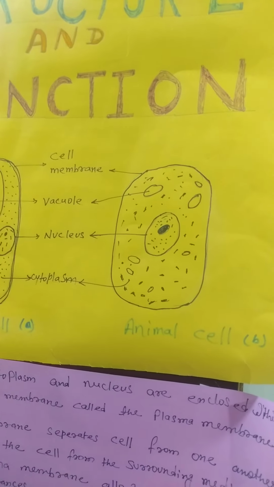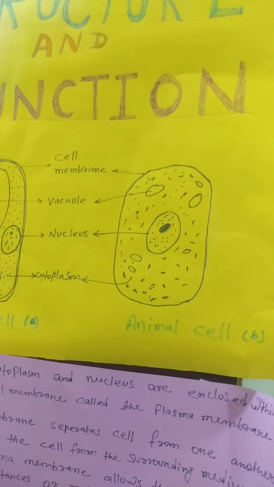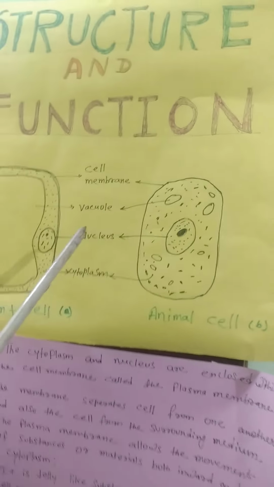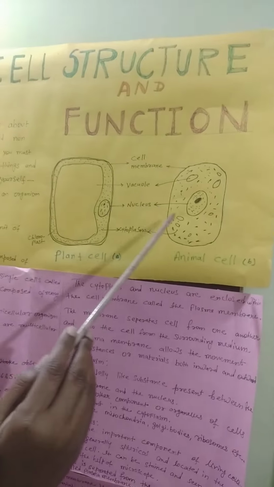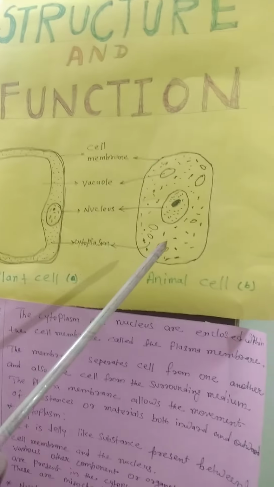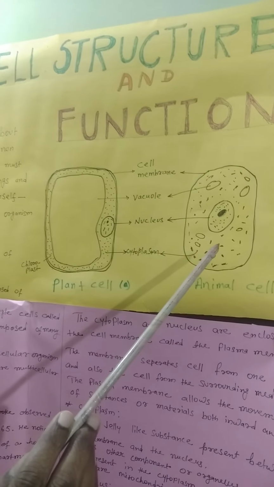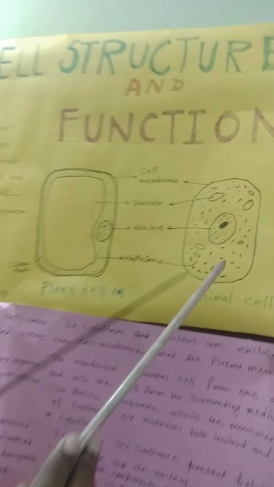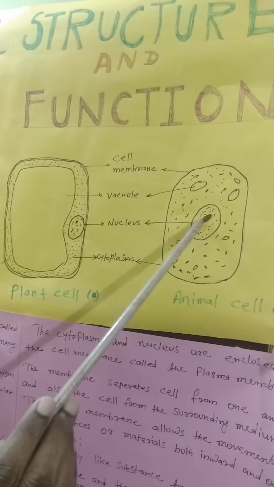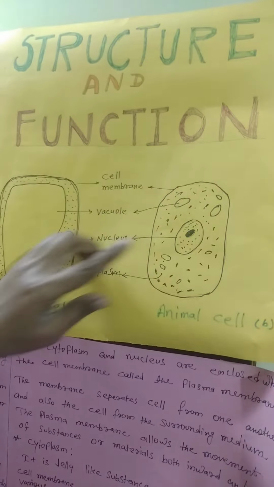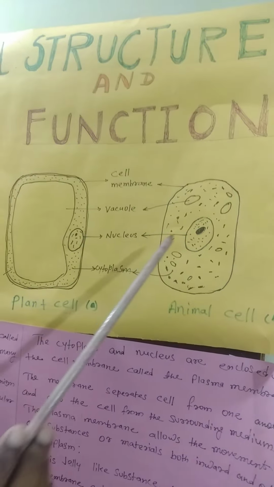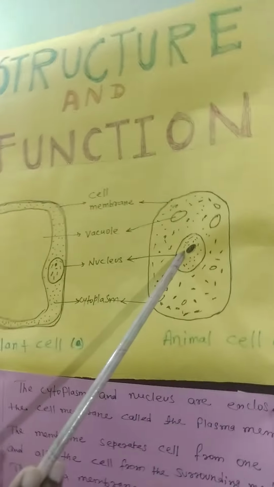This membrane also allows the movement of material between the cytoplasm and the inside of the nucleus. With a microscope of higher magnification, we can see a smaller spherical body in the nucleus. It is called the nucleolus.